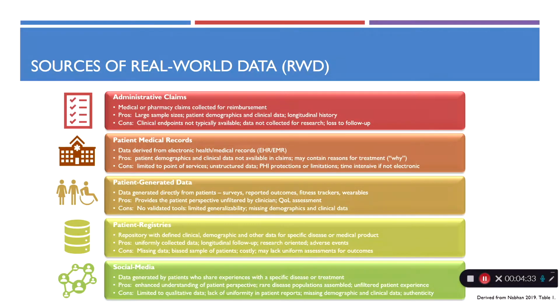So there are a lot of benefits to these data. Unfortunately, they are not a complete source of real-world data. Typically, you're not going to get clinical endpoints out of administrative claims data. The data is not collected for research, so they're collecting it for the purposes of paying an insurance claim, not for addressing a research question.